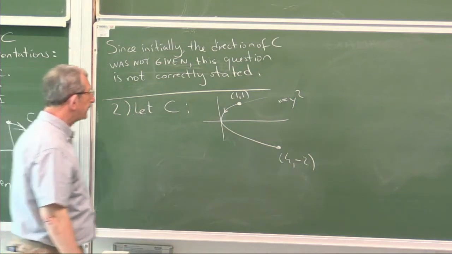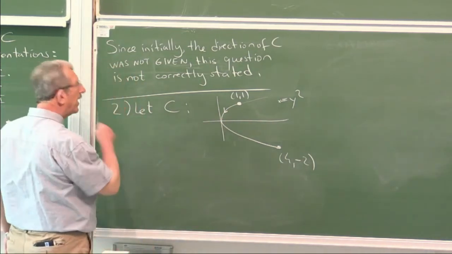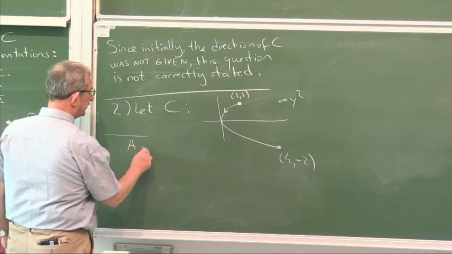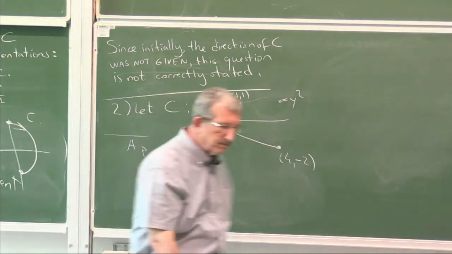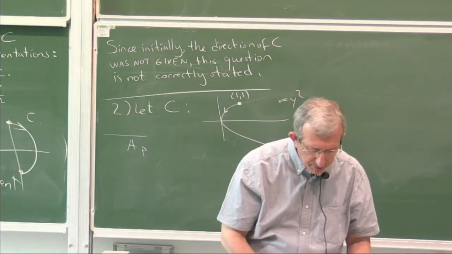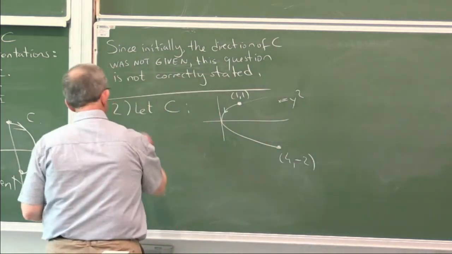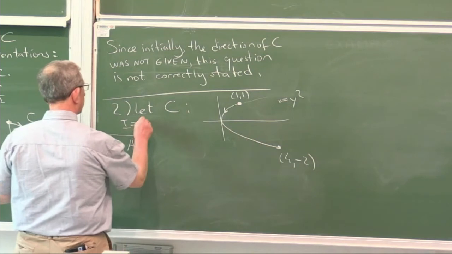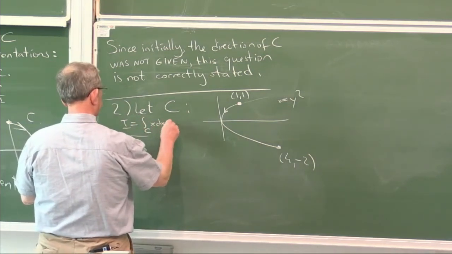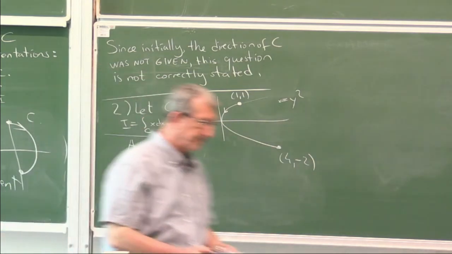So, if this is our C, then we have the following. What is the integral? I'll give you that. That's not that important, actually. So it is an I, the integral over C of x dx plus y dy. We want to calculate this integral.